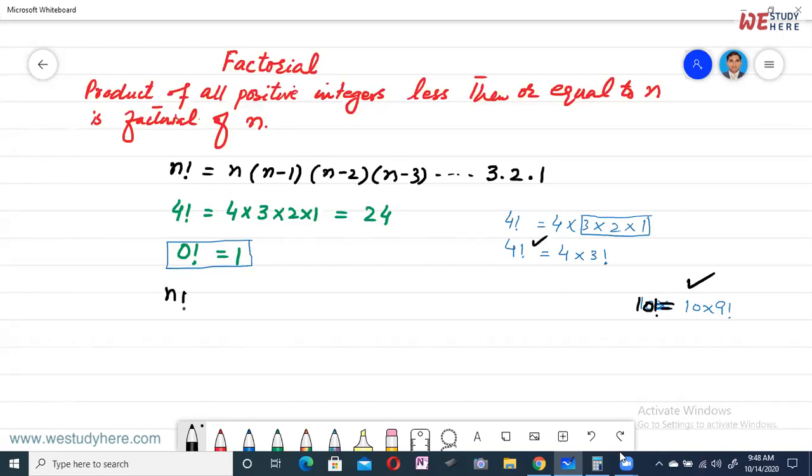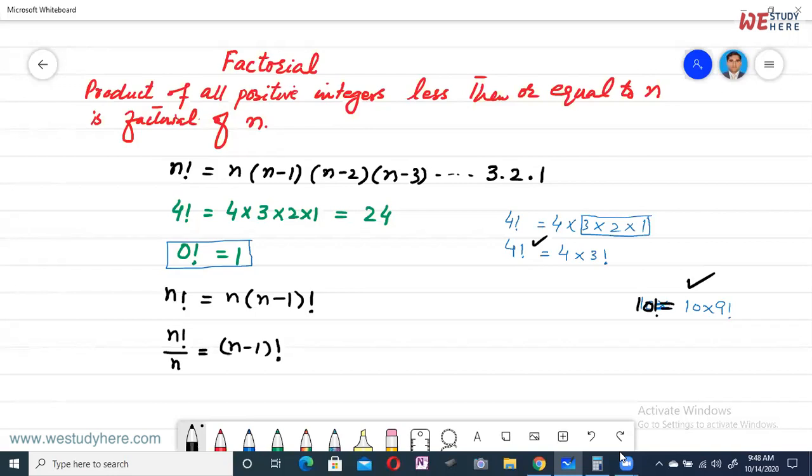Similarly, n factorial will be n into n minus 1 factorial. Then n, which is multiplying on one side, will divide on the other side, and on the right side only n minus 1 factorial remains.